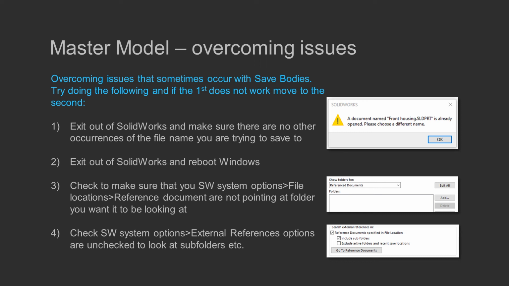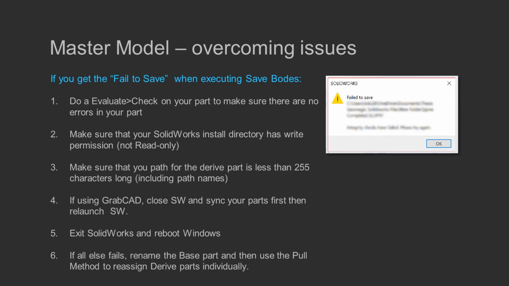The second issue that I occasionally run into is the fail to save document. And it gives you a path to your Windows SolidWorks install folder. There are some things you can do to check on that. They aren't very apparent, but I've found that if you go down this list, you can probably eliminate this problem.